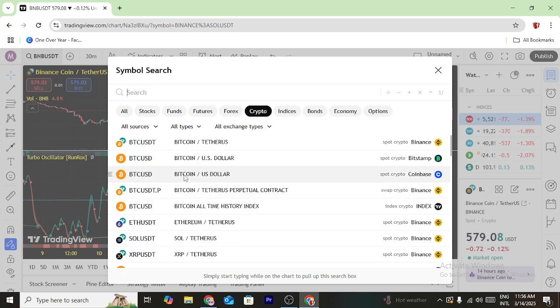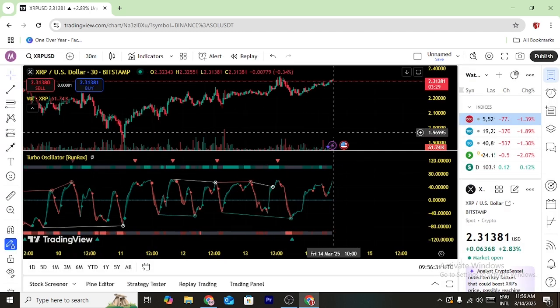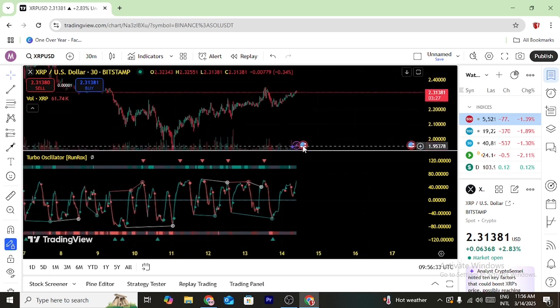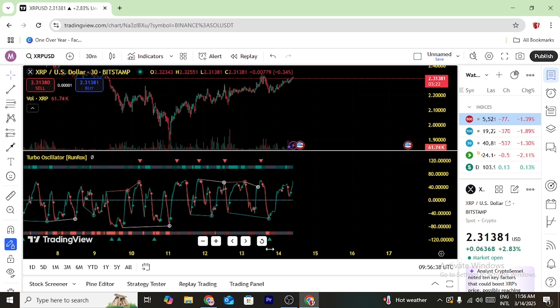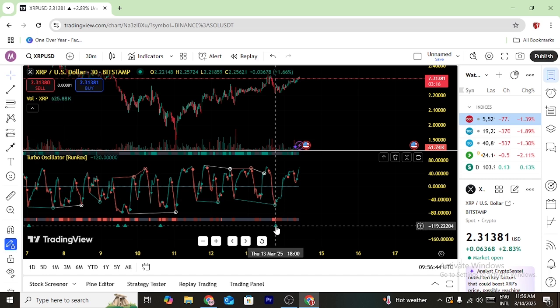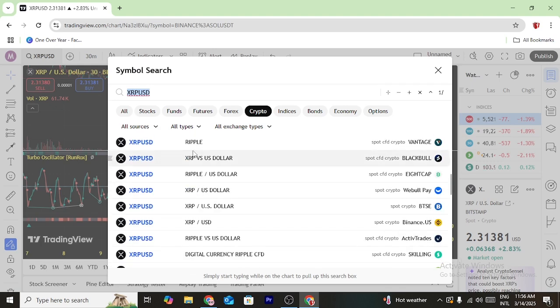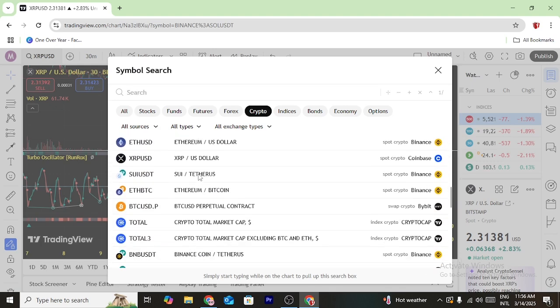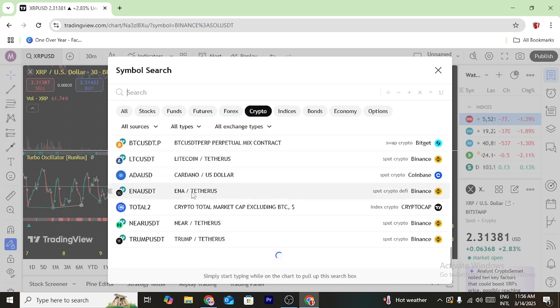Or if we choose another, XRP, you can see this is oversold, then it makes a green candle, that green candle is going up. Okay, this is exactly what I'm going to say, that it has already made that line. We have to just follow that.